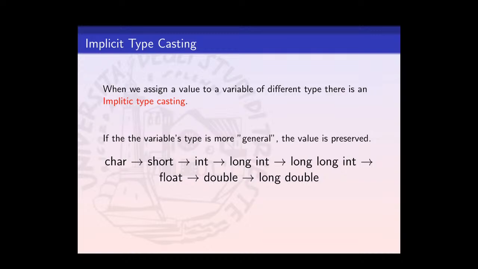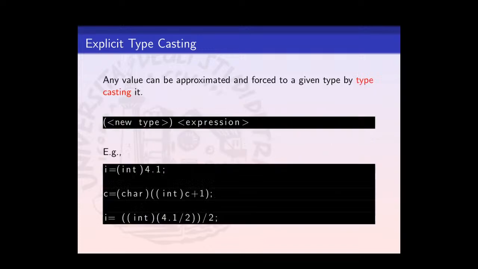We have just seen an example. We were trying to assign the value 4.1 to the variable I. Variable I is meant to represent an integer number, so 4.1 is not representable by an integer variable, and so there might be approximation in that case.